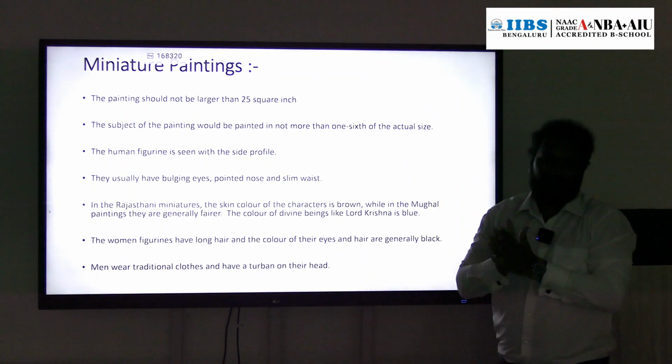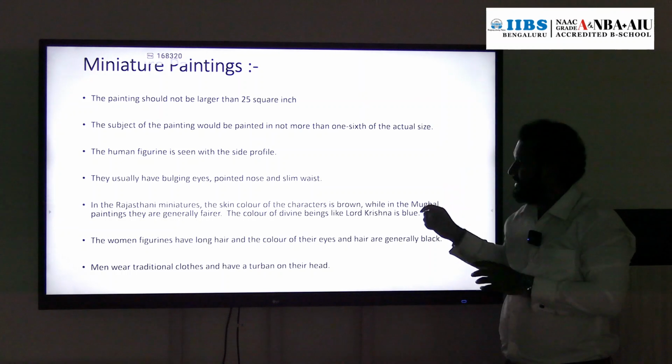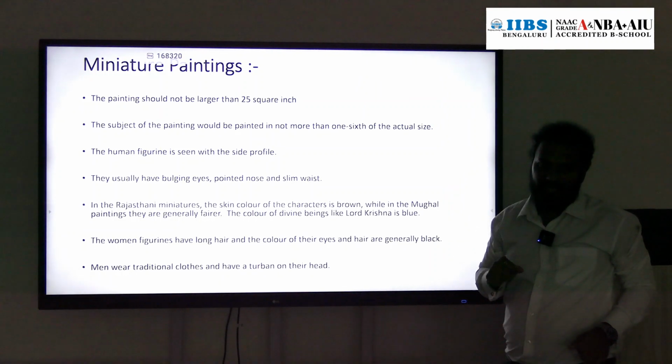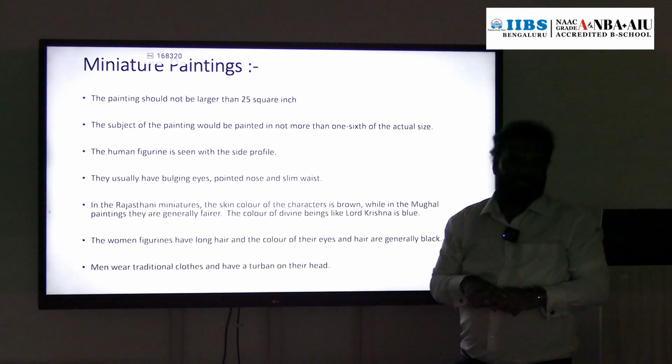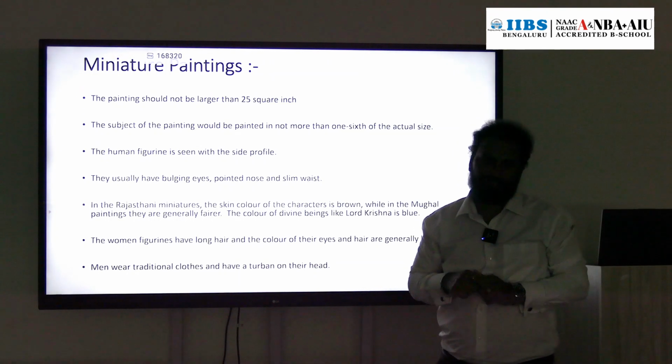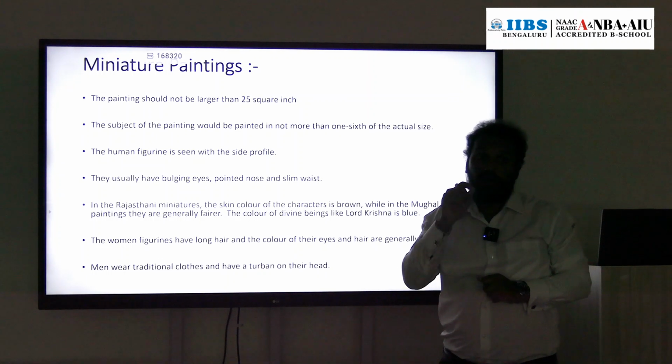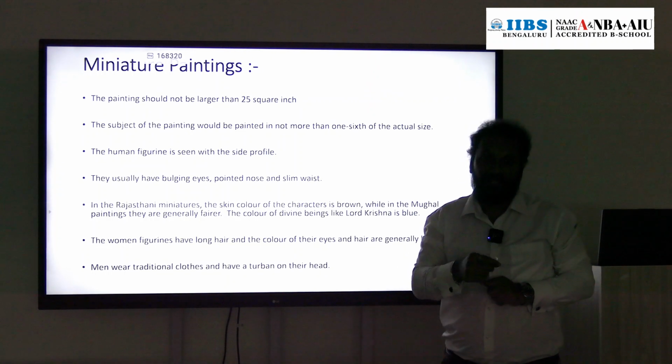And the color of the skin. If I talk about the color of the skin in these paintings, in Rajasthani miniatures, for skin color they use brown color. In Mughal miniature painting, for skin they use fair colors, and for divine figures like Shiva or Krishna they use blue color.